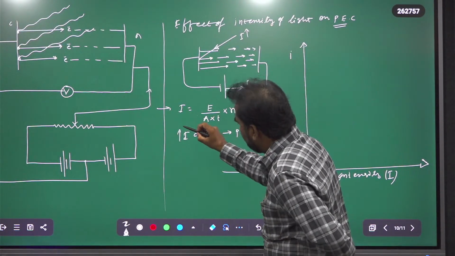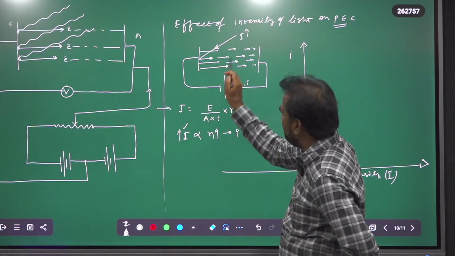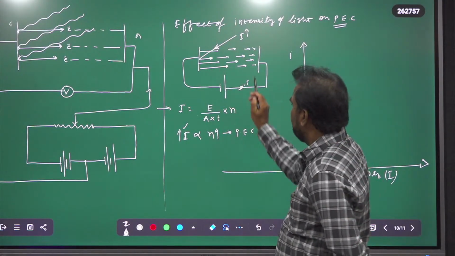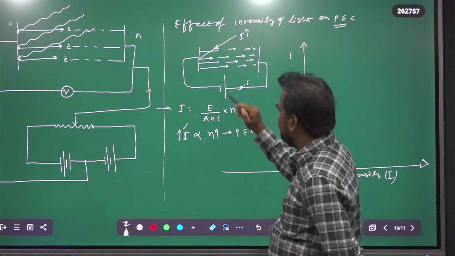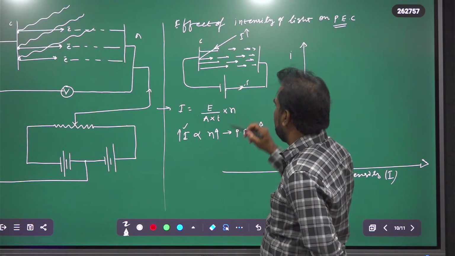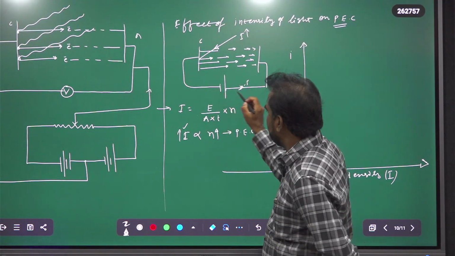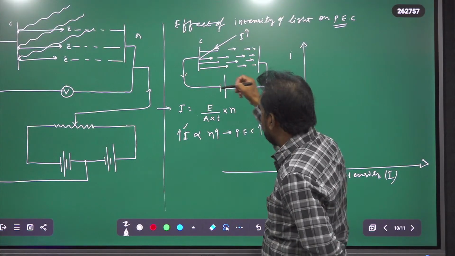When the intensity is increased, the emission of electrons increases. When the emission of electrons from the cathode is increased, the flow of current in the circuit is also increased.